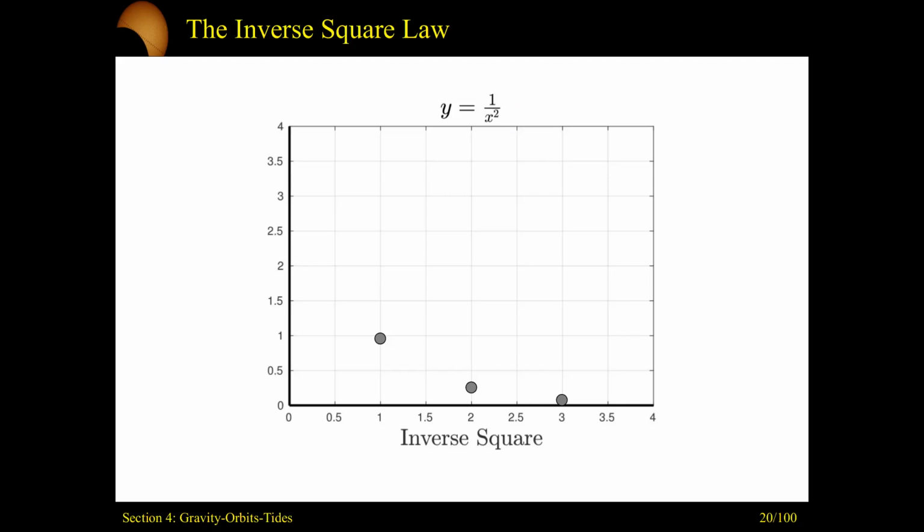What's 2 squared? 4. Done. So if you have a value smaller than 1, you just keep making bigger and bigger numbers. And there's our inverse squared law plotted out. As you approach 0, this curve is just going to keep blowing up towards infinity, getting bigger and bigger.